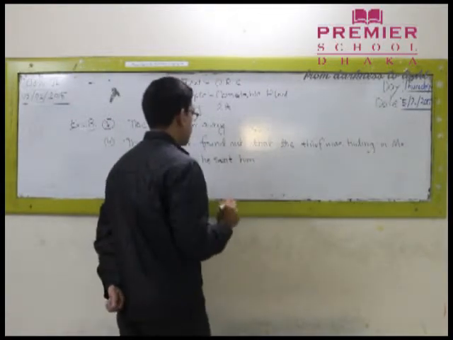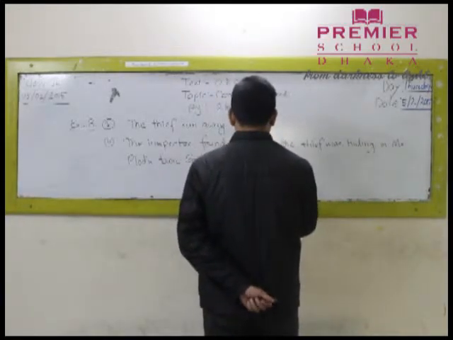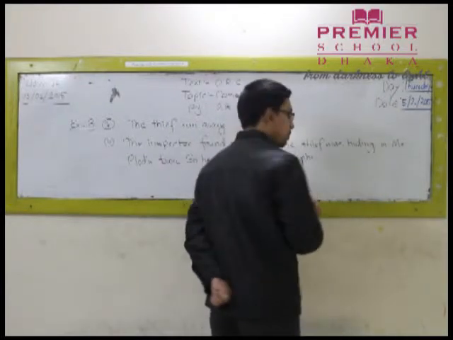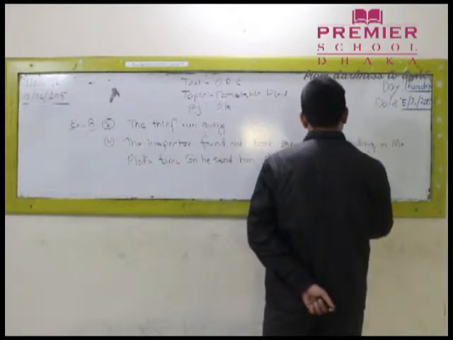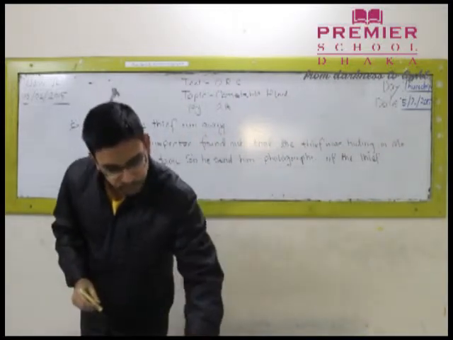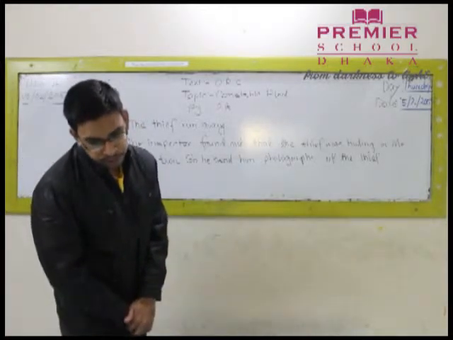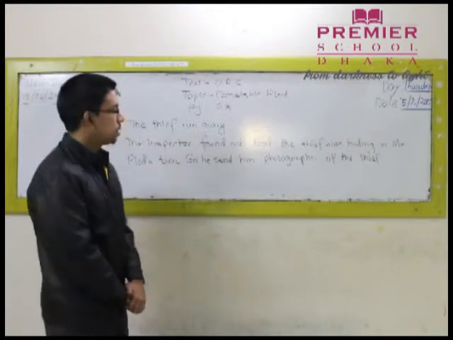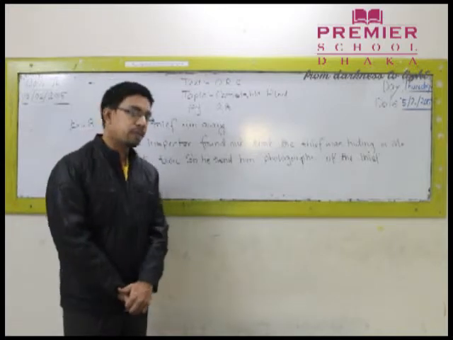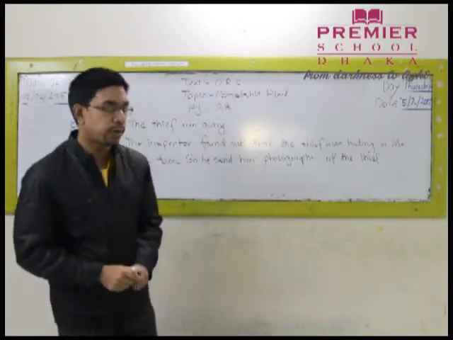So he sent him photographs of the thief. The question was, what did the inspector send Mr. Plod? The inspector found out that the thief was hiding in Mr. Plod's town. So he sent him photographs of the thief. This is one version of the answer. You will find another version of it in your soft copy. You may choose any one.